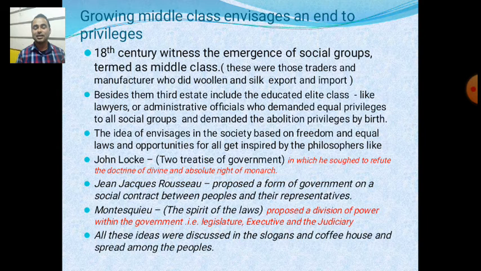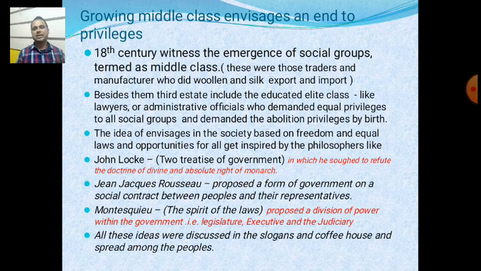The middle class, and they emerged as a middle class. Why? These were those traders and manufacturers who did woolen and silk export and import business with other countries, and if you compare this group of people with the rest of the third state people, then you will come to know that they were economically a little established.